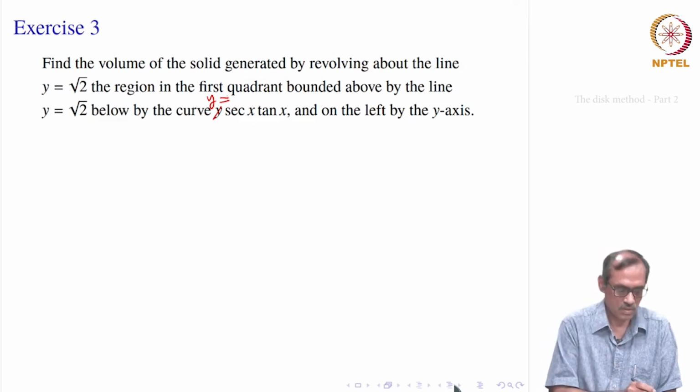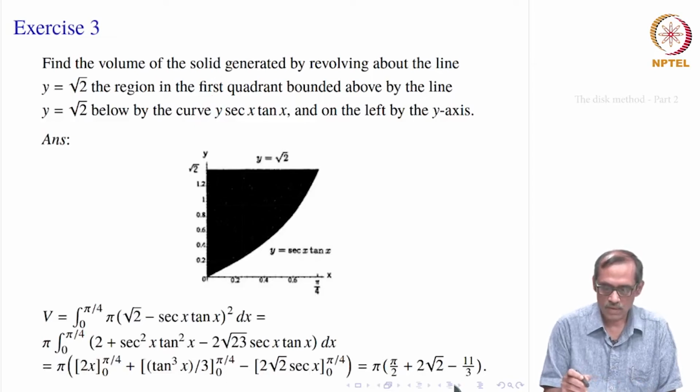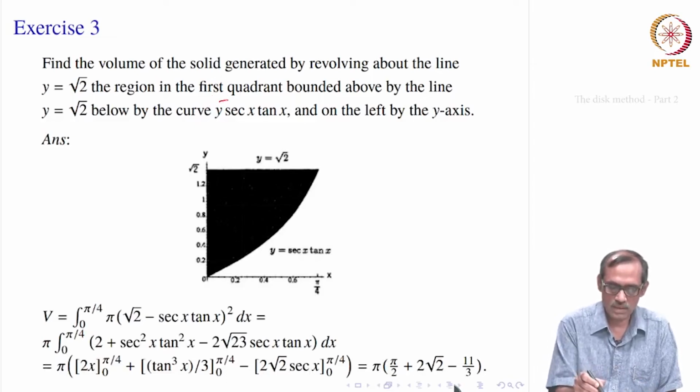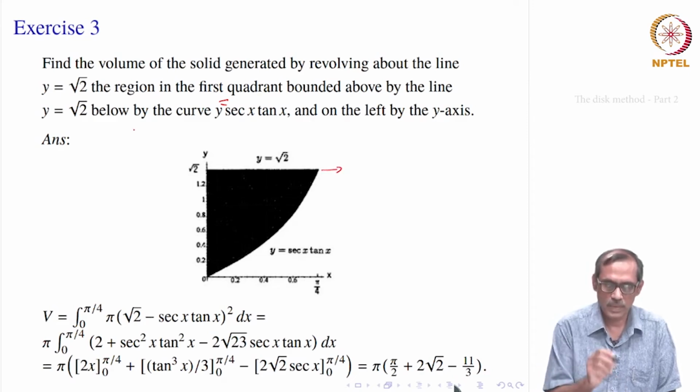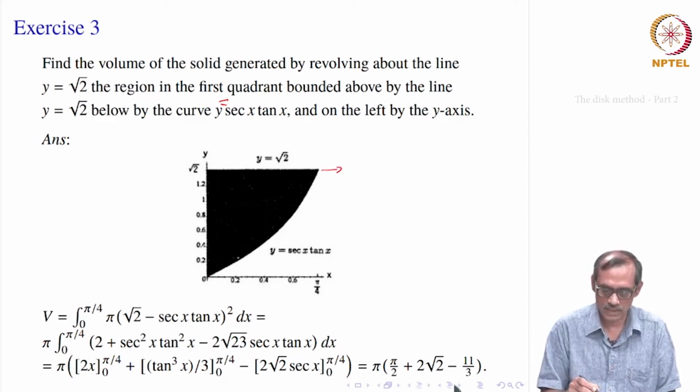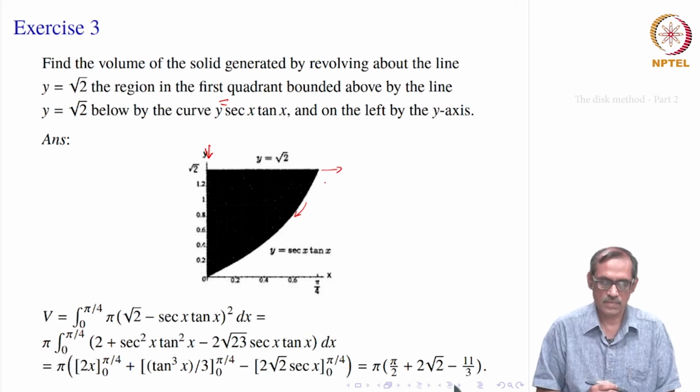So, how does it look? We have the region in the first quadrant, bounded above by the line y equal to root 2, and below by the curve y equal to secant x tan x, it is this curve, and on the left by the y axis. So, this is the region, fine.